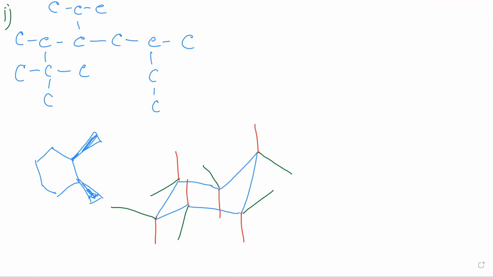7. Okay, let's look at it. 6, so it's hexane, I think. 6, 7, anyone else? So if you say 6, you probably have used the straight line 1, 2, 3, 4, 5, and 6.